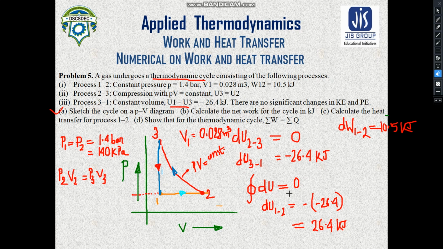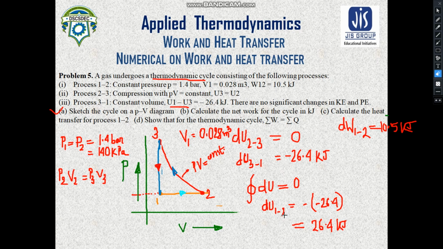So I hope you have understood this problem. Summation of all the internal energy changes needs to be 0 for any thermodynamic property. Since internal energy is a thermodynamic property, the summation of all the internal energy changes for all the processes will be 0.